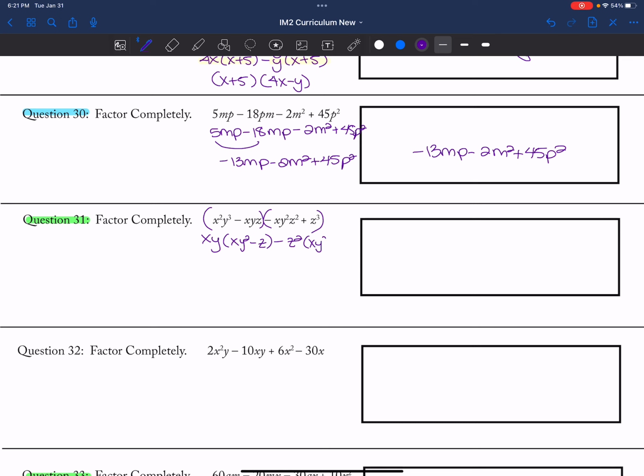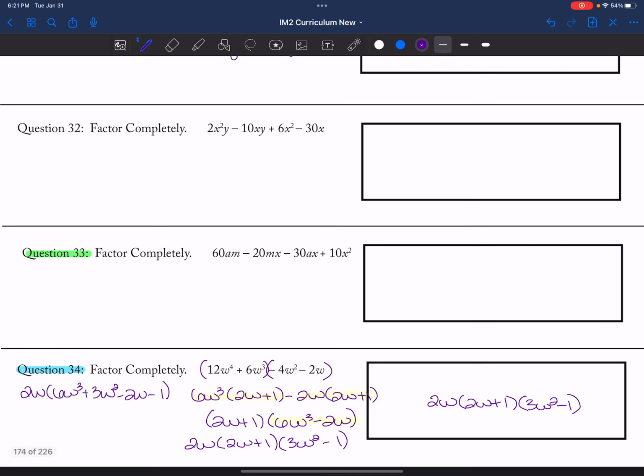So x y squared minus z. So then what's in common is x. So what's in common between my two terms is x y squared minus z, and I'm left with x y minus z squared. So I have x y squared minus z, and then x y minus z squared.